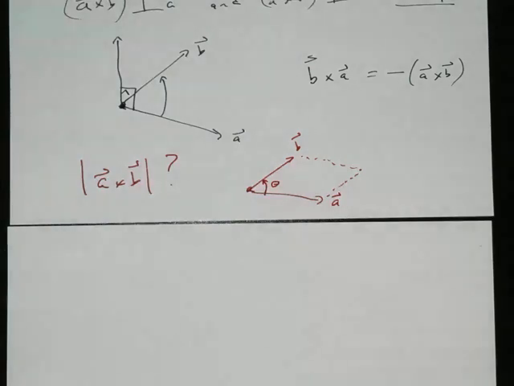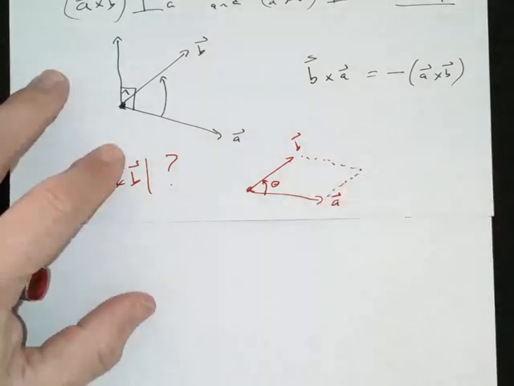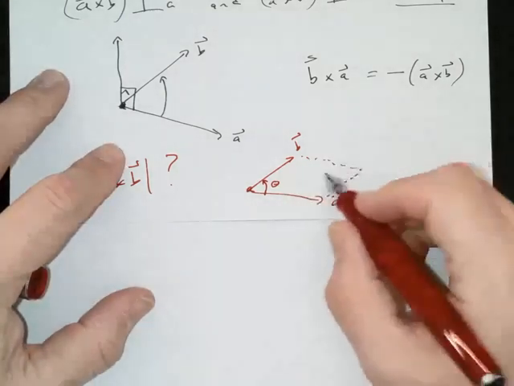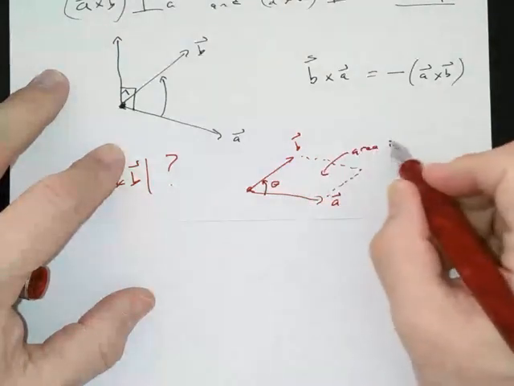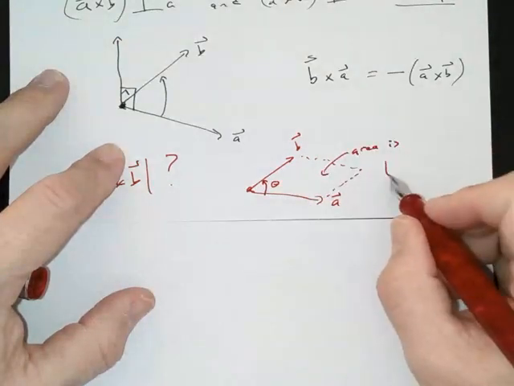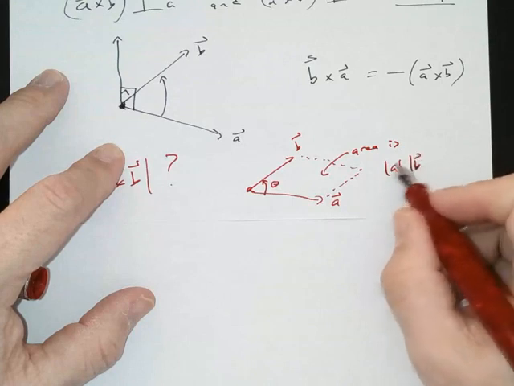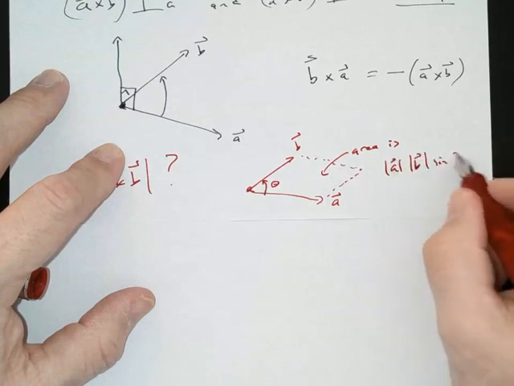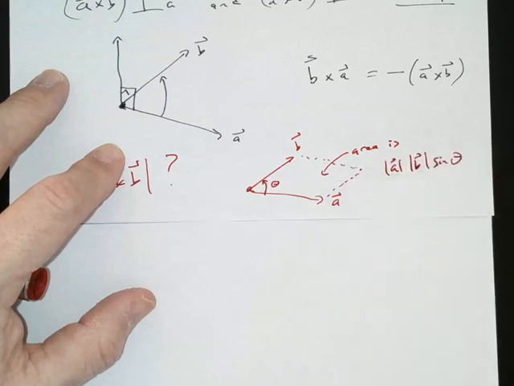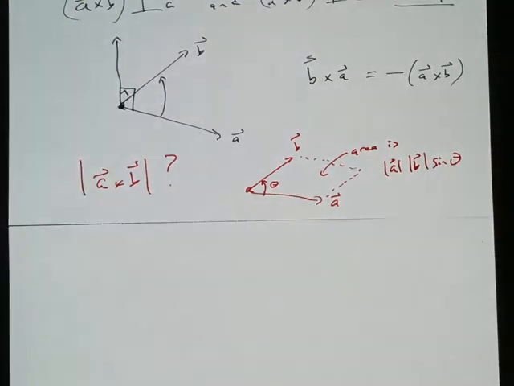I have a parallelogram. It turns out the area of this parallelogram is length of A times length of B times the sine of theta rather than the cosine of theta.